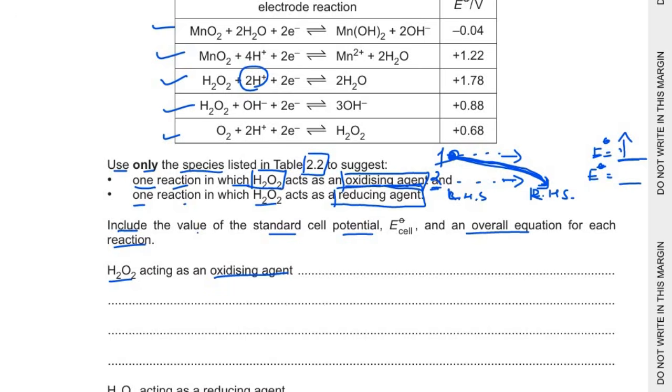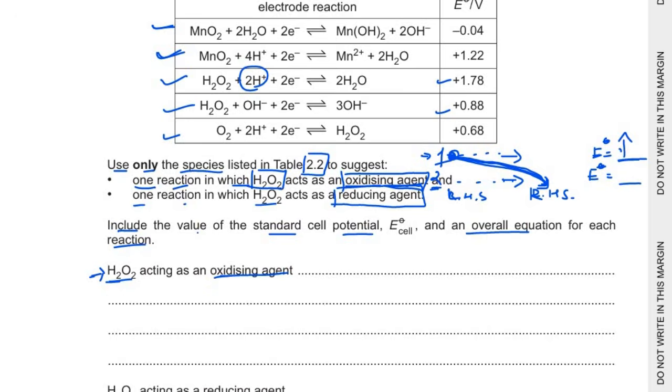Now, if we are talking about hydrogen peroxide as the oxidizing agent, then we have to choose the hydrogen peroxide equation in such a way that its value is higher than the species of manganese. Now if you compare these two, it is plus 1.78 and plus 0.88, and we have another two manganese species where it should have a lower value, then only the hydrogen peroxide can oxidize the manganese.